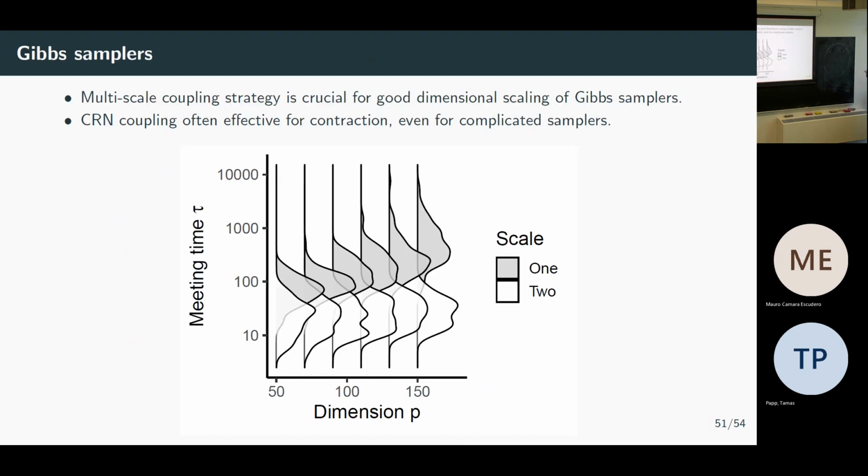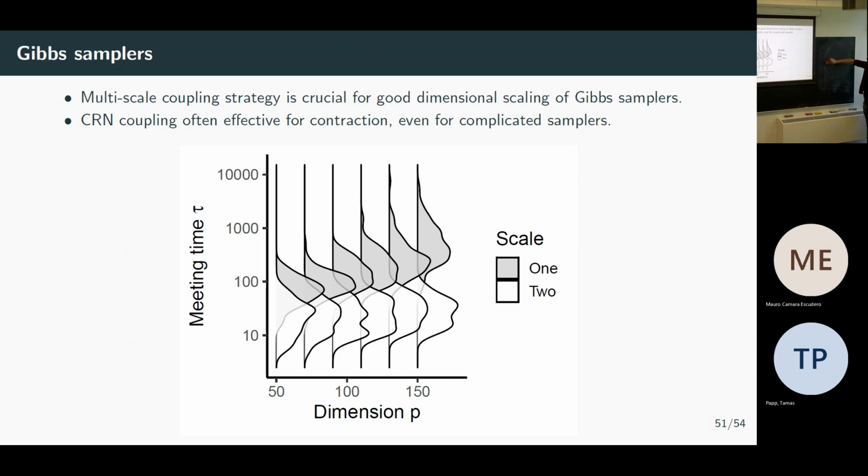Right. So this was all for Metropolis samplers. Let's look at Gibbs samplers. If you want to scale well with dimension for Gibbs samplers, I think we're nearing the end, so I won't take a break. You would want to use a multi-scale coupling.